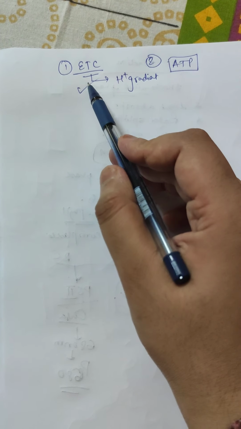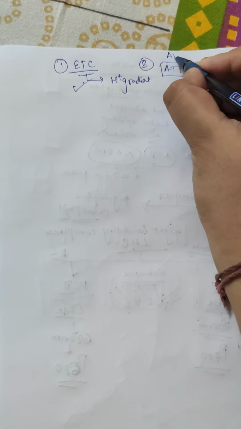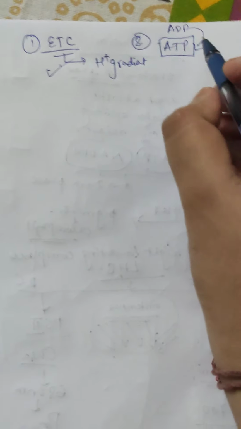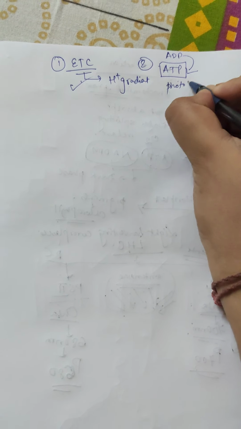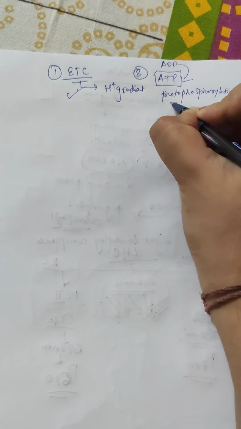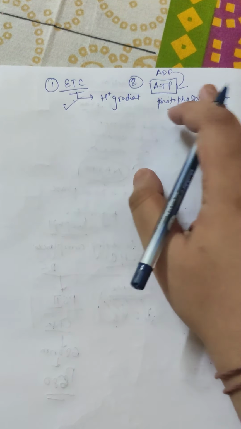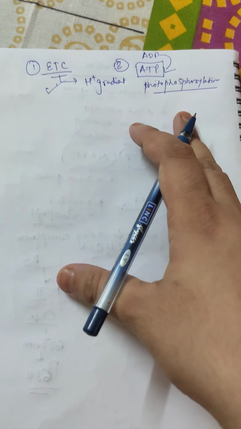So there is an electron transport chain, and then there is phosphorylation of ADP into ATP. Since this occurs in the presence of light, we call this photophosphorylation, because this ADP to ATP conversion occurs in the presence of light.